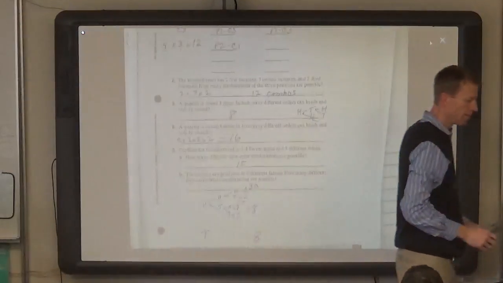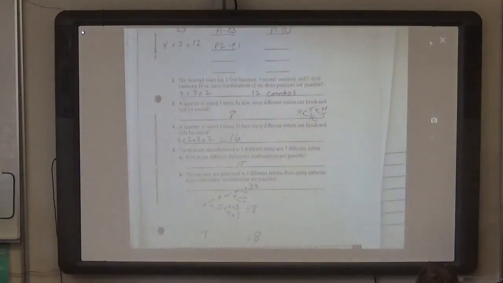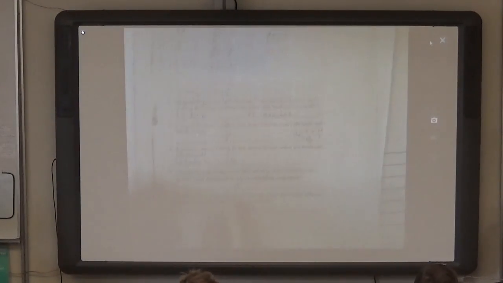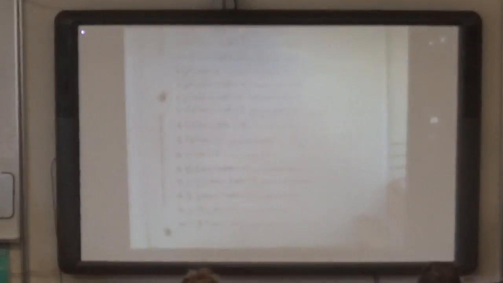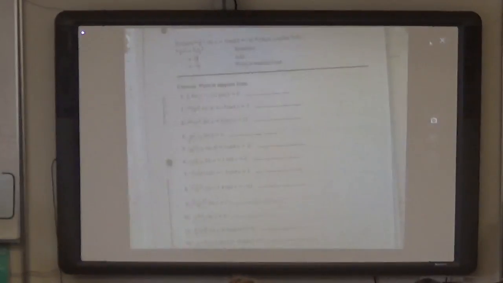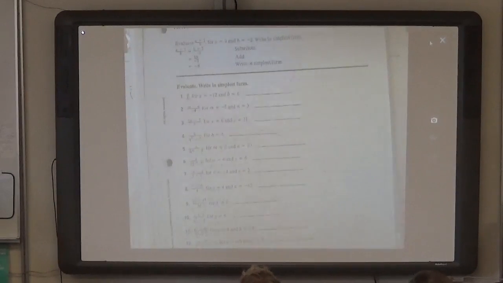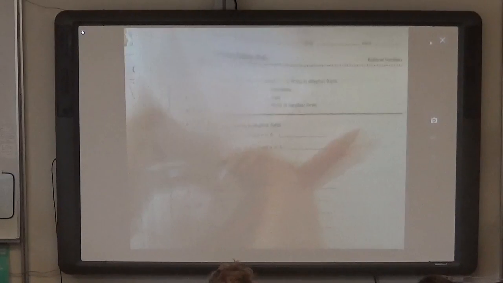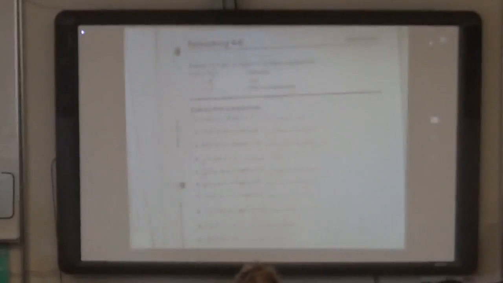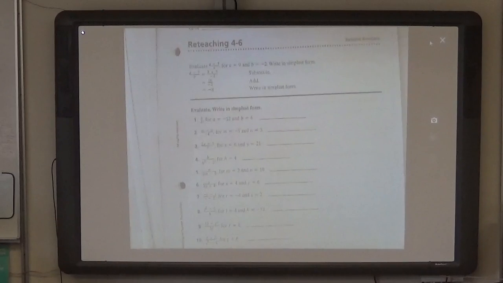So take out your worksheet. On the reteaching side, number 1. We're just starting with a simple fraction, A over B, A divided by B. And then it says A is negative 12, B is 6.